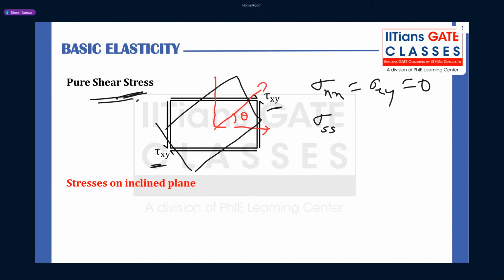What I mean is, will there be sigma ss, sigma tt or not? Yes or no, guys? Quickly.